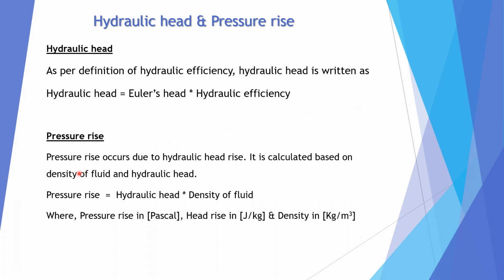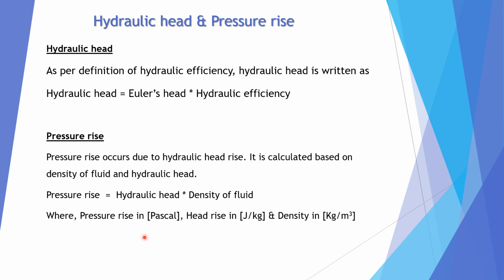The pressure rise occurs due to hydraulic head rise. Hydraulic head or head rise, both are the same. It is calculated based on the density of the fluid and hydraulic head. So pressure rise is equal to hydraulic head into density of the fluid, where pressure rise is in Pascal, head is in joule per kg, and density in kg per meter cube.